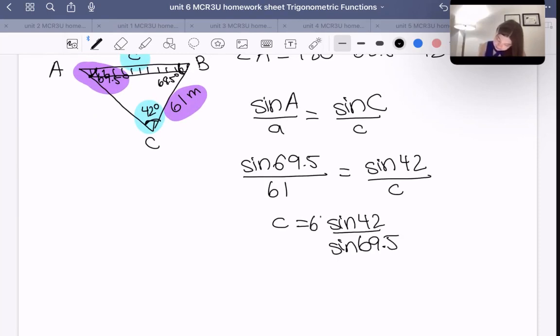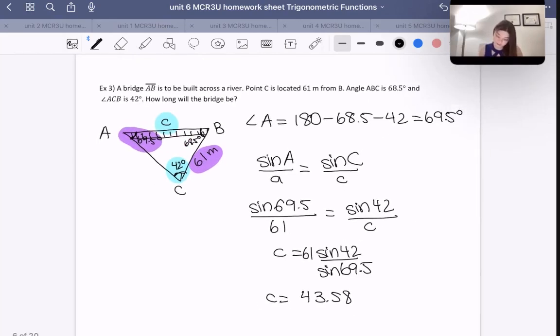And then in my calculator, I'm going to type in 61 times sine 42 equals divided by sine 69.5 equals. And this is 43.576. Okay, so that's 43.58 if we're rounding to two decimal places, which is what I'll do today.